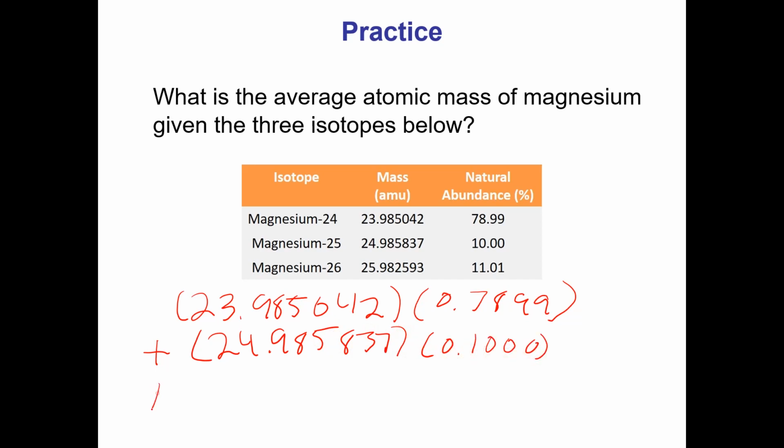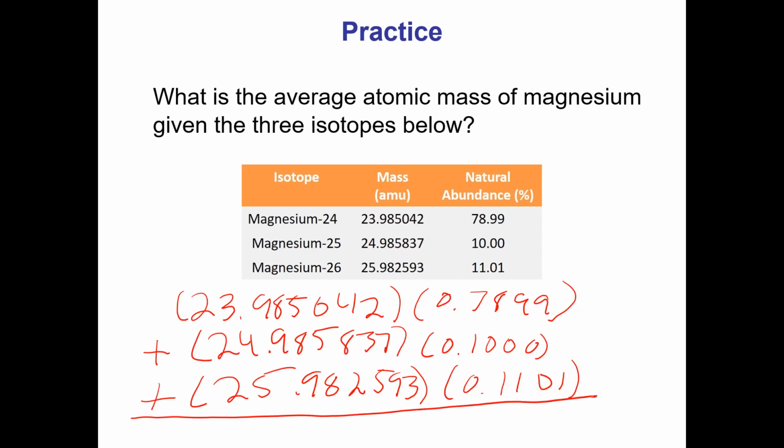We multiply the mass of each one by its percentage as a decimal. And if you multiply those together and add them up, you should come up with 24.3050.